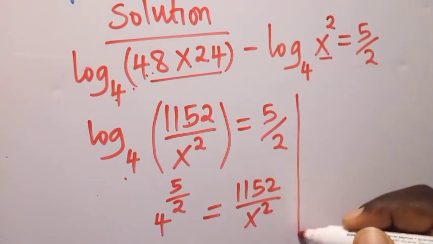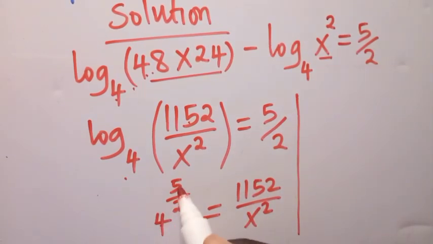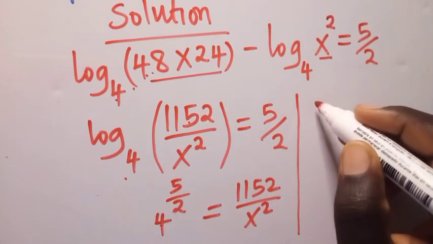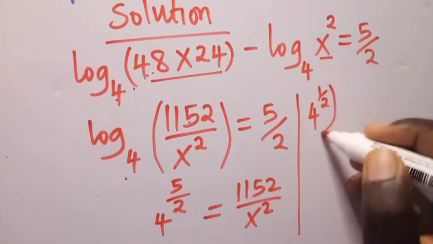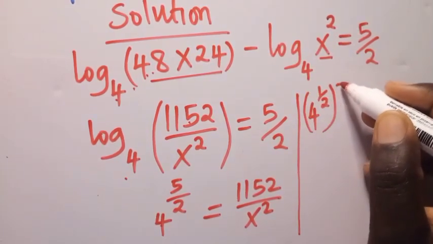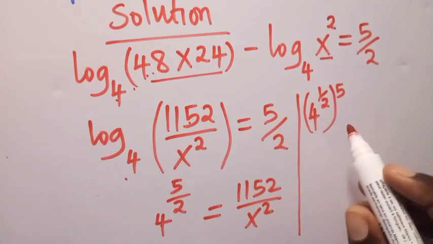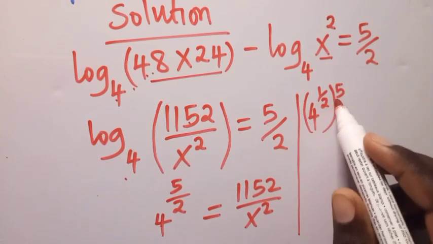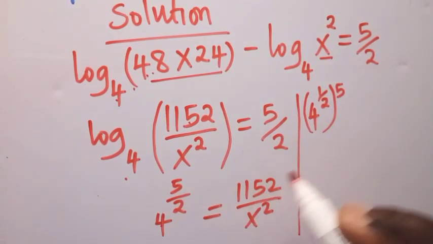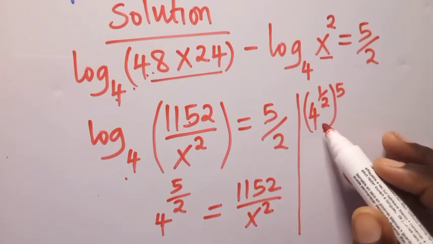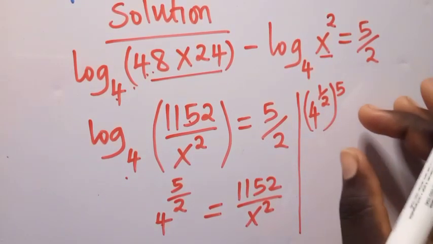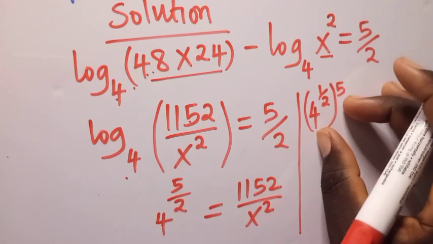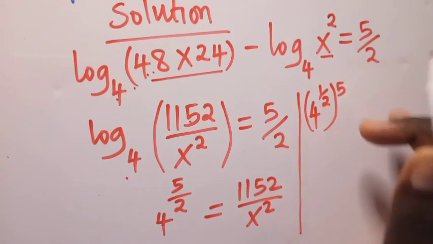And in that case, 4 raised to 5 over 2 can be written as 4 raised to a half, then we close the bracket raised to 5. There is no difference between this one and this one, because from the laws of indices, this is an integral expression.